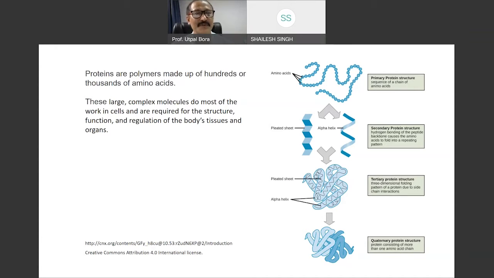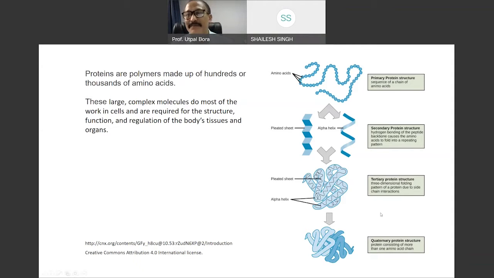And those who eat eggs know that when you boil the egg, the white part, which is basically the protein, which exists in a liquid state in the raw egg, becomes hardened. And that's basically a phenomenon called denaturation. So proteins behave in very different ways when exposed to temperature or pH conditions, and there are many other things.